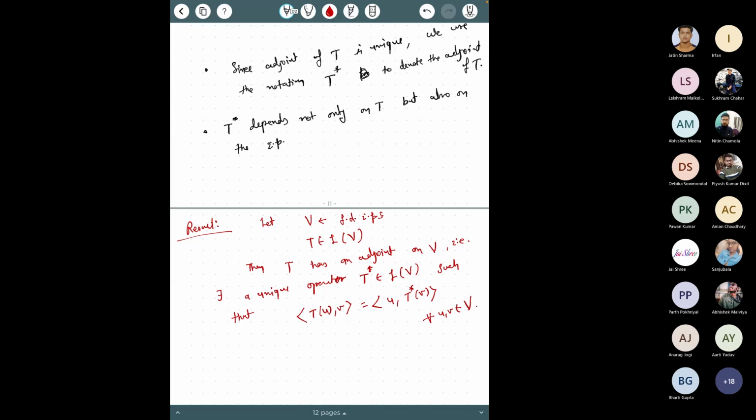Because you are taking the inner product of an element in domain and in the codomain. If you look at it here, you need the same inner product. Not only the same inner product, you need the same space also. Then only it is true. So basically you need the same inner product space. So it has to be an operator.